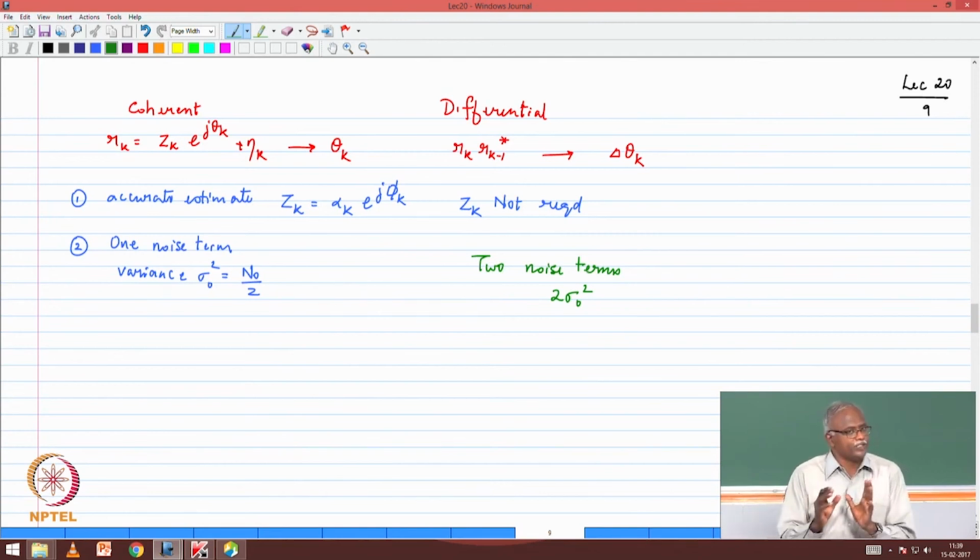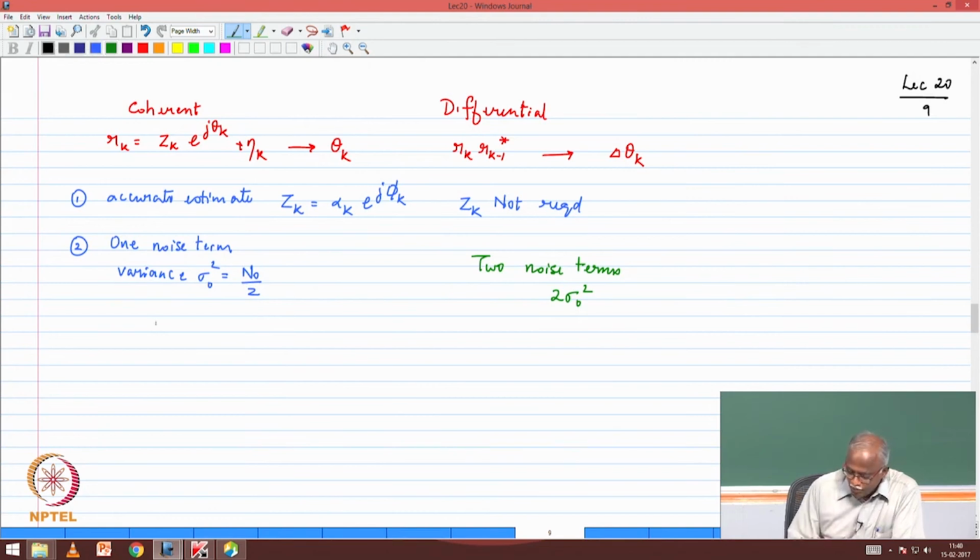Sometimes you will see people who make the following statement, there is a 3 dB penalty for differential detection. Where does the 3 dB come from? Because you have twice the noise, factor of 2 is a 3 dB penalty. So again, it's not a strictly correct statement, you just have to make sure where the original impact is coming from.